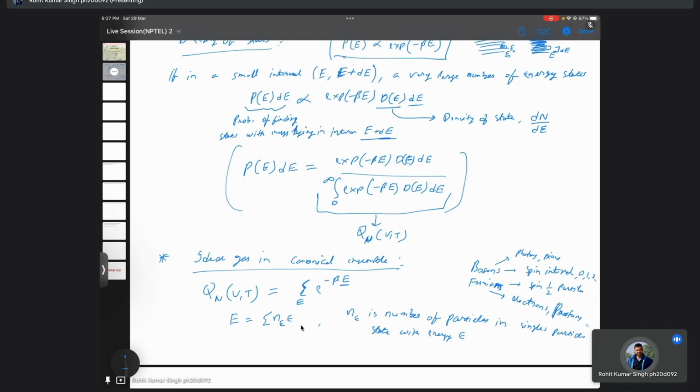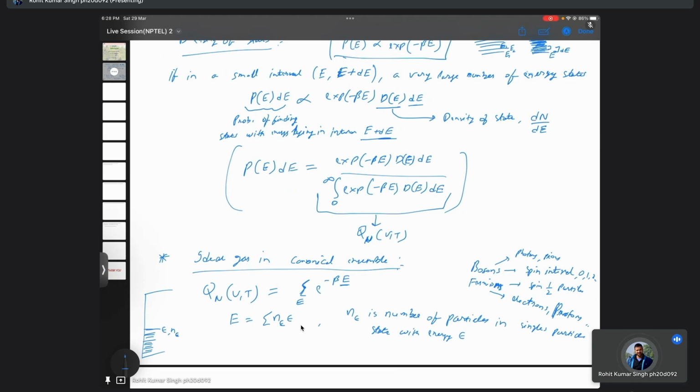So you have these states, and they all have some energy E, and some number of particles lying in this energy state E, okay.